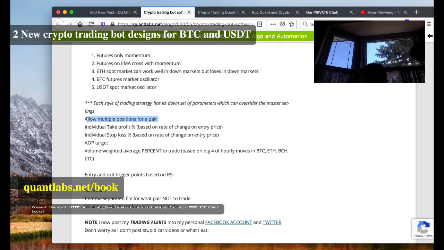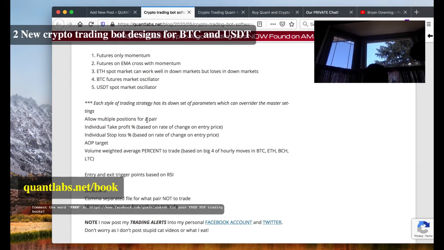Theoretically, if you have 10 positions that could give you that 1%, now you've multiplied the return factor by 10. And as I said, I've had days where you could get 300% daily return. And that's because I'm allowing multiple positions to be traded per pair when the market condition allows.